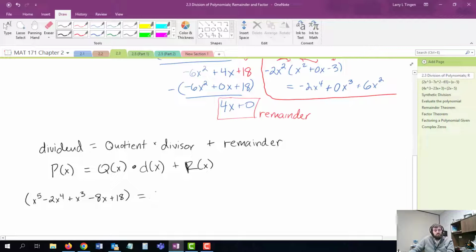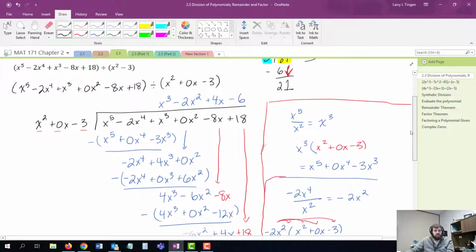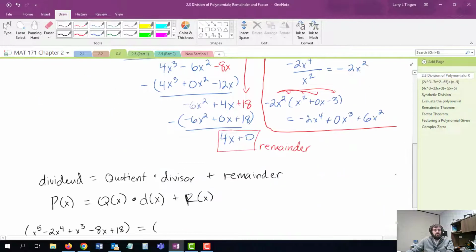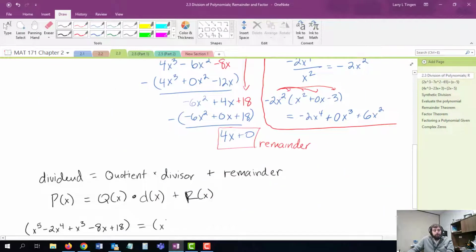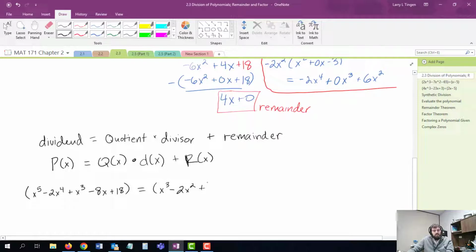That is equal to the quotient. What did we find the quotient to be? X cubed minus 2x squared plus 4x minus 6.